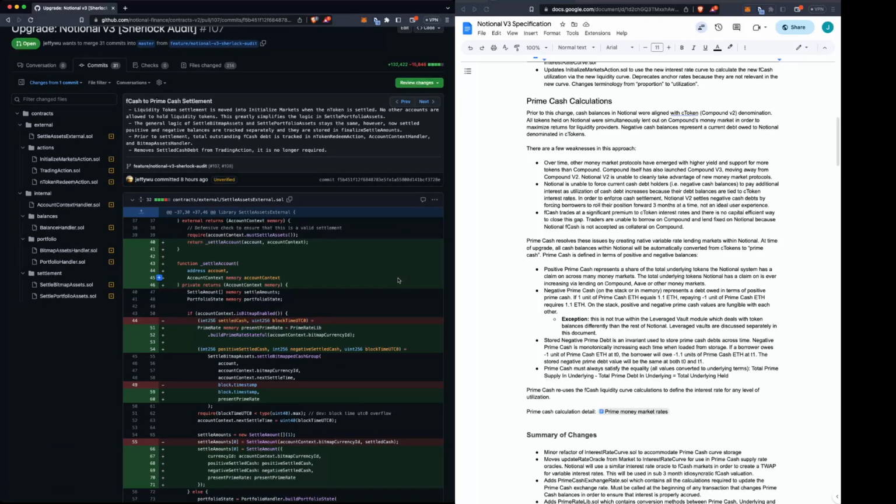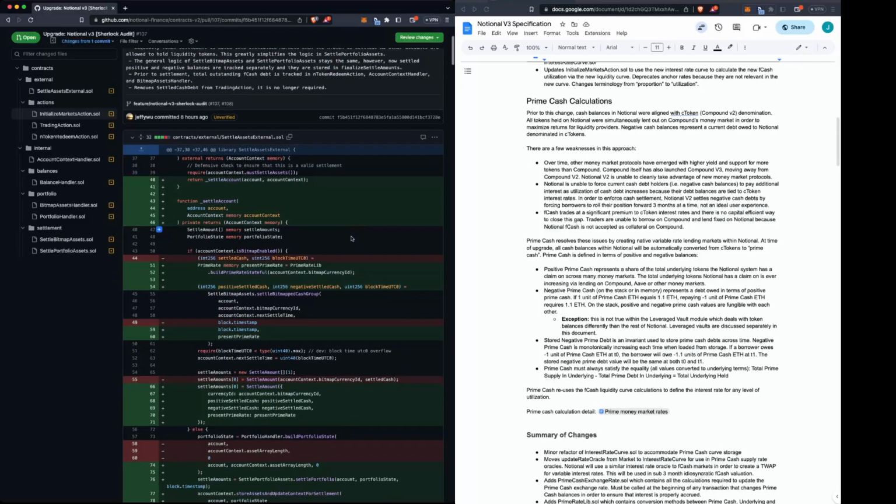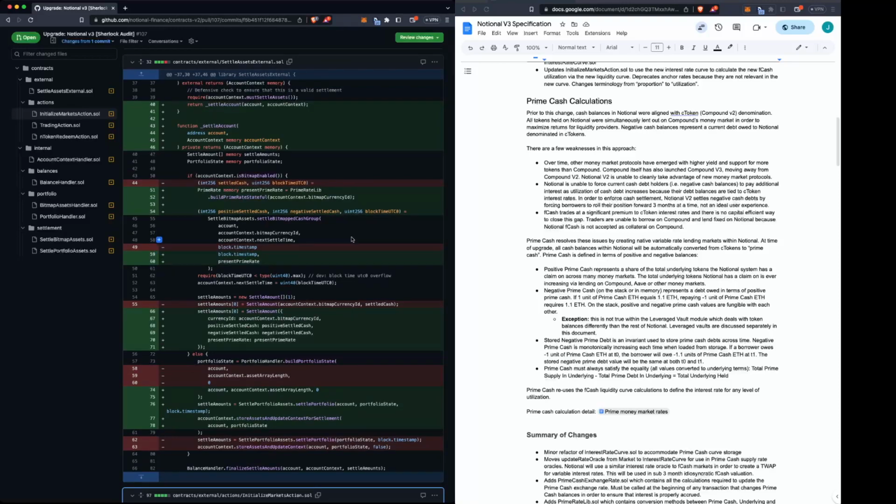So again, this commit is fairly large, and I think represents another critical change in the functionality from V2 to V3. As I discussed earlier, in V3 Fcache, especially Fcache debts, will settle into this variable rate debt, and so in order to track that properly, we used to just track the net amount of cash that was settled.